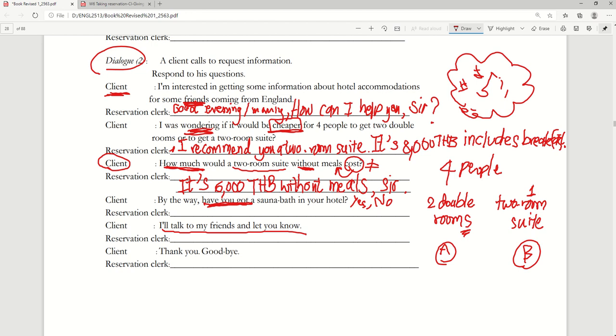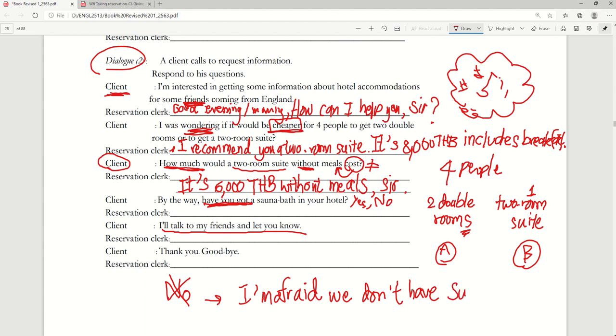Or you can say no. I'm afraid, but avoiding saying no. Please avoid saying no. Instead of saying no, you have to say I am afraid we do not have sauna bath service.